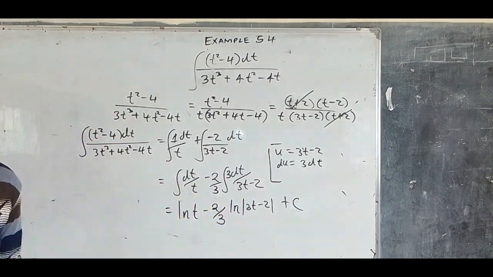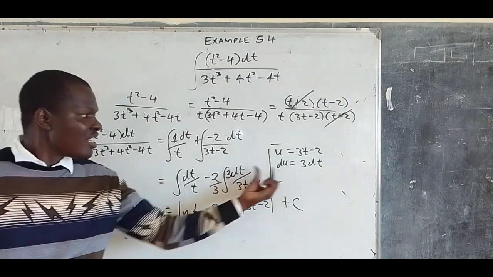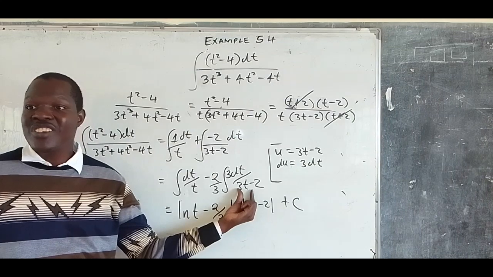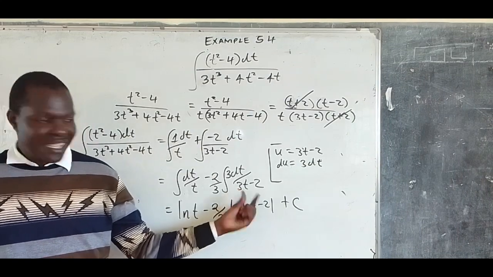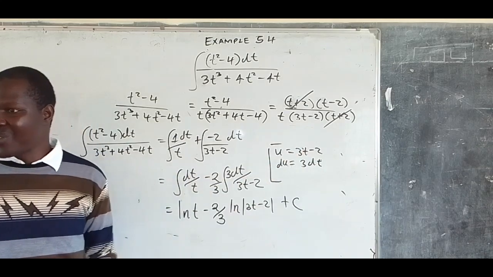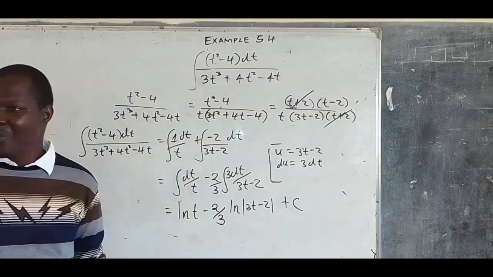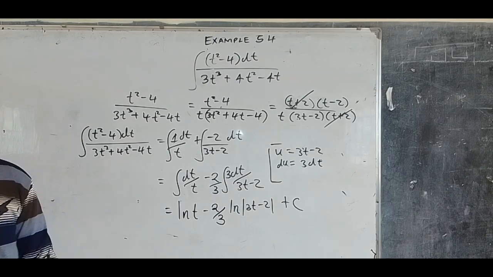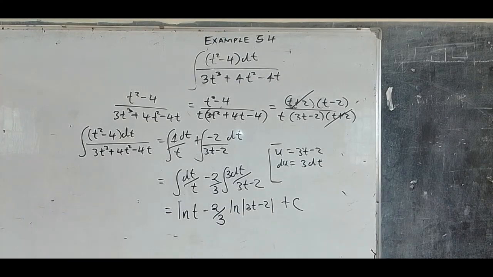So 3 dt is du, then 3t minus 2 is u, so it is du over u, which is ln of u. And ln of u is ln of 3t minus 2, because we used 3t minus 2. And outside, what do you have? See the negative over there. Are you seeing the way it is coming out? Very good. And we have completed that integration process. Are we together? So that is the end of that.